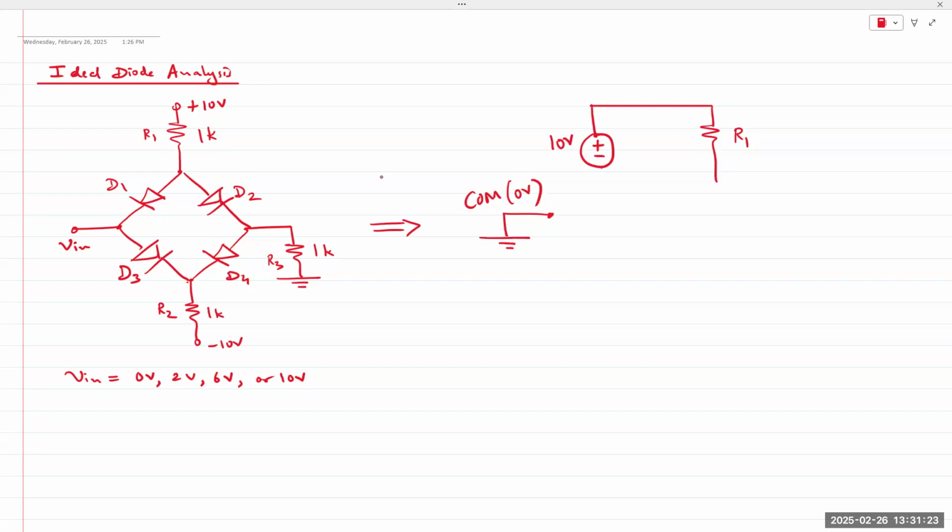And plus minus simply indicates which end is lower and which end is higher. Make sense? Right? And same thing with R2. R2 is connected to minus 10 volts, which simply looks like this.